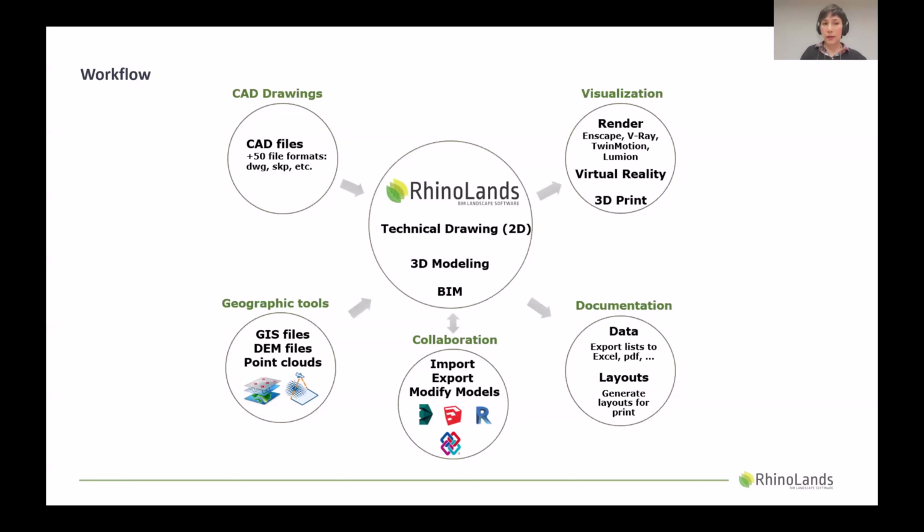So let's see how the workflow is. Basically, the program includes everything from base to trace. You can start from technical drawing until 3D and documentation. But in case you have a drawing that comes from any other CAD program, like AutoCAD, or if it comes from SketchUp, you can open that model or drawing inside the program and continue working on it.